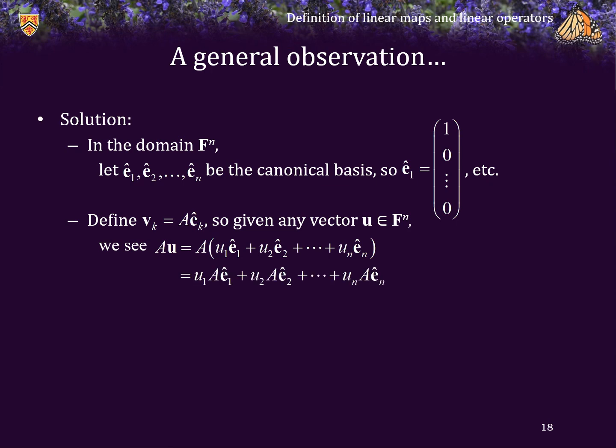So this is just equal to this linear combination. Well, if we define A applied to the kth canonical basis vector ek, then we see that yes, A applied to u is indeed a linear combination of a collection of n vectors in the codomain F to the m, and the coefficients of this linear combination are given by the vector u.